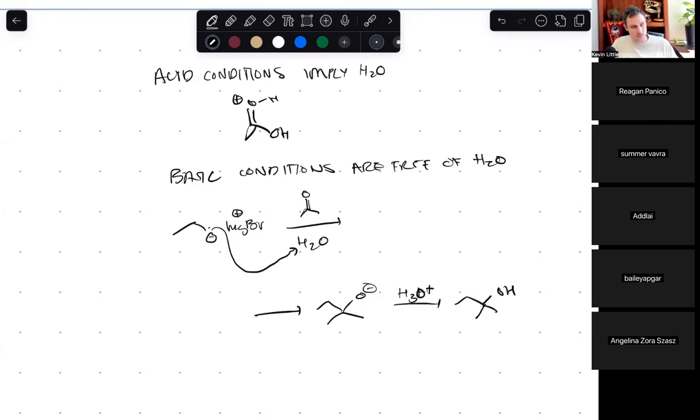We ensure that there is no water. And so in order to make the reaction neutral at the end, we have to add water. I think this is the better way to think about it, is that basic conditions are free of any sort of acid or water because it usually would interact negatively with the base. The base would attack the water instead of the other way around.